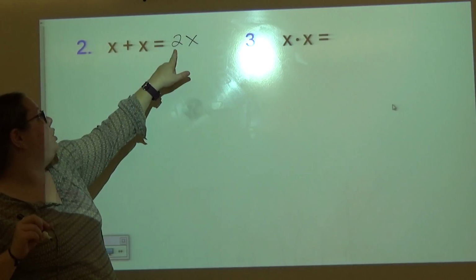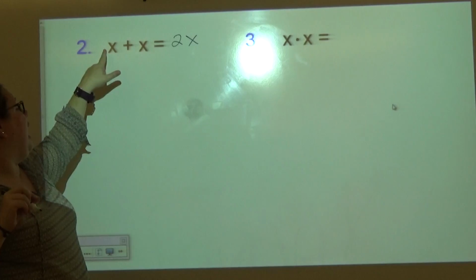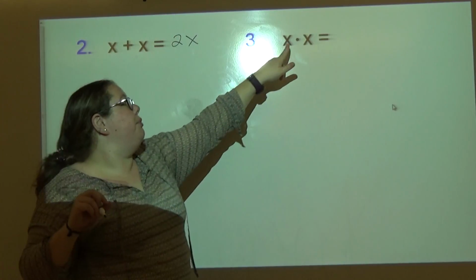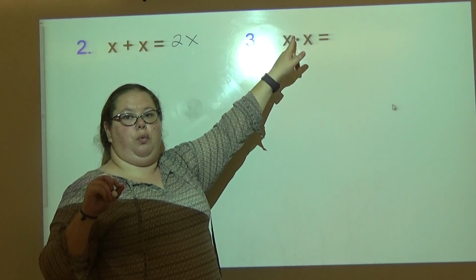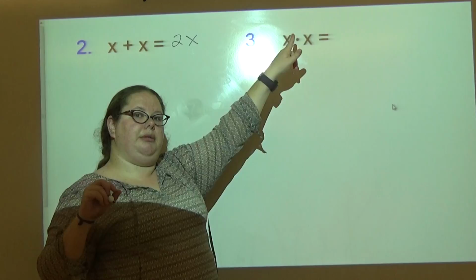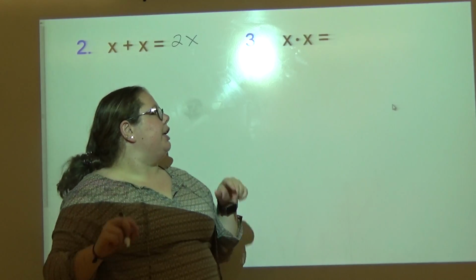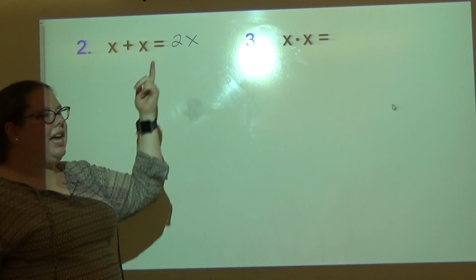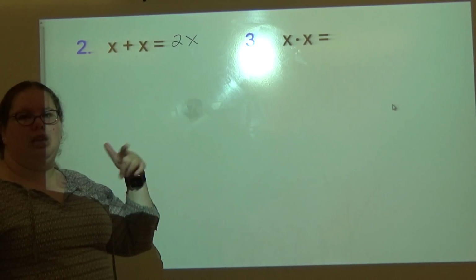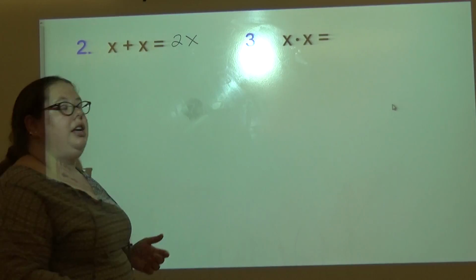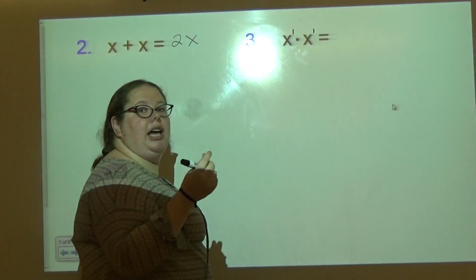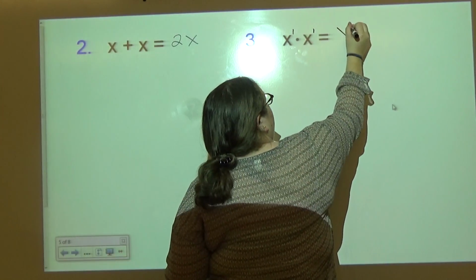I'm adding the x twice. Versus multiplication. What do we do when we multiply? That has to do with exponents. Repeated multiplication, exponents. Now, what is the exponent on x when you don't see one? Think about how many are there. There's that invisible 1. So x times x is x squared.